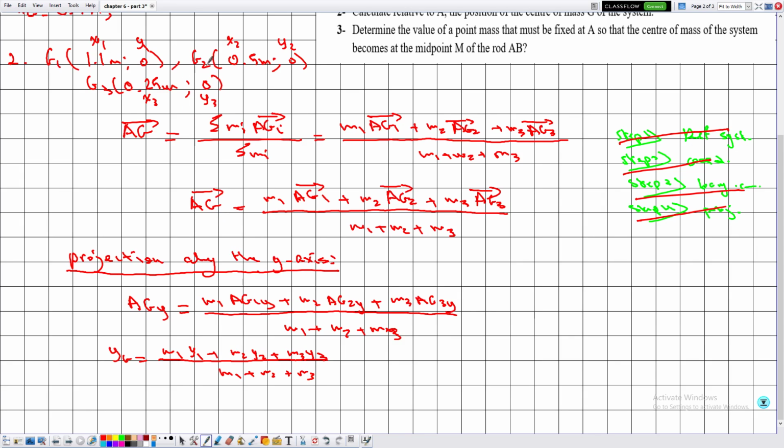Eventually the values of Y1, Y2, Y3 are given by zeros, so this is 0, 0, 0, then it's given by 0 divided by a number, then YG is equal to 0.